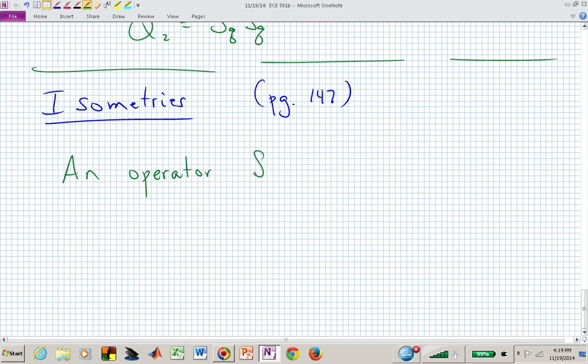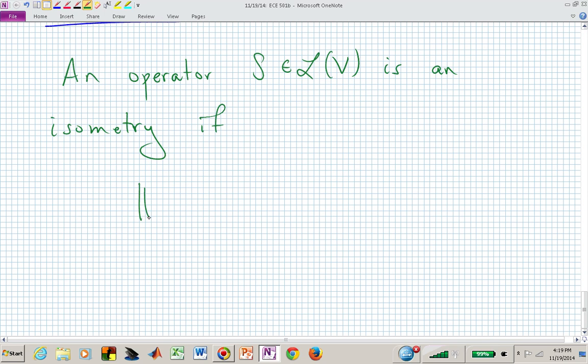An operator, S, I told you I was going to use an S, so that's why I was trying to use S sub q before, that's a linear operator on our inner product space V, is an isometry if the norm of SV is equal to the norm of V for all V in our inner product space.